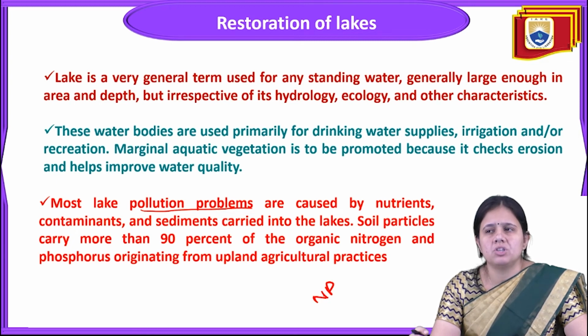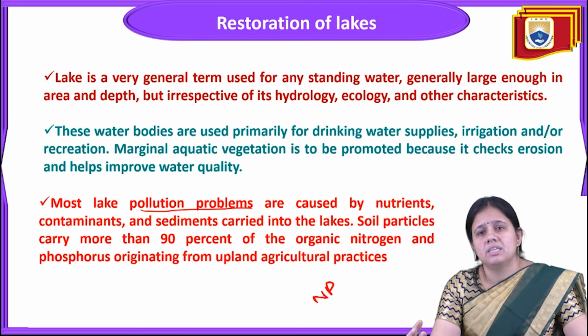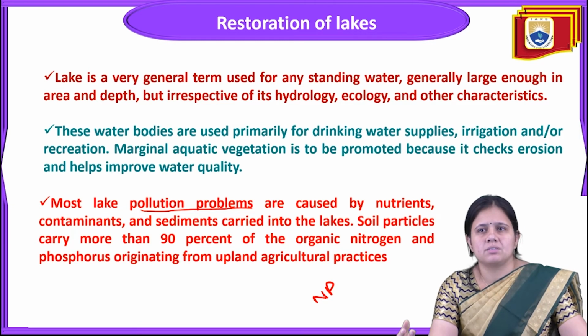So restoration of the lake, what will happen? Any lake with very high water pollution, most of the reason behind this eutrophication is that sediments are carried into the lake, and soil particles carry more than 90% of the organic nitrogen and phosphorus, which increases with upland agriculture practices also.